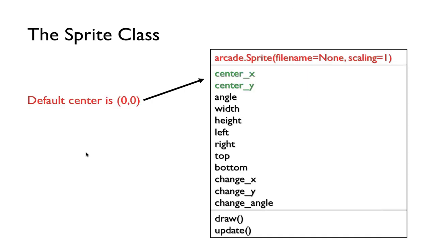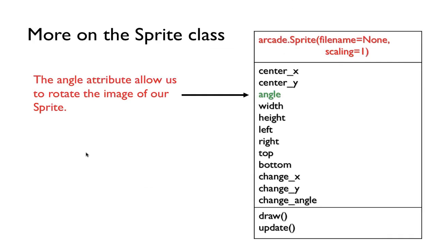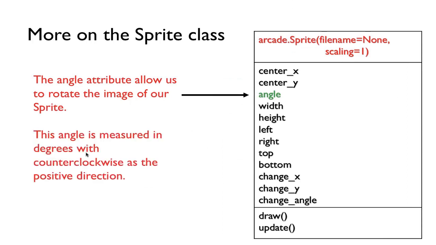By default, if I create just a sprite as I did before, then it'll put the center X, center Y of the sprite at 0, 0, the origin. The sprite object has an angle attribute that allows us to rotate the image of our sprite. This angle is measured in degrees, and counterclockwise is the positive direction.